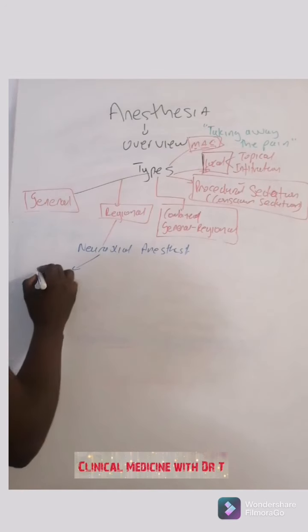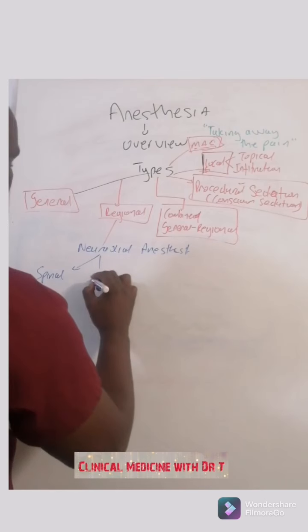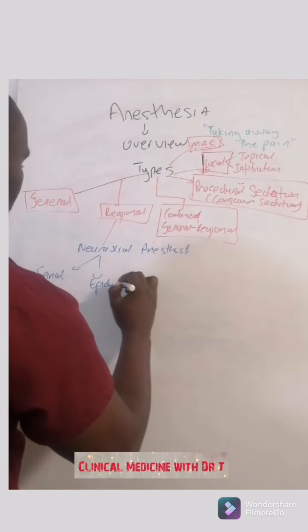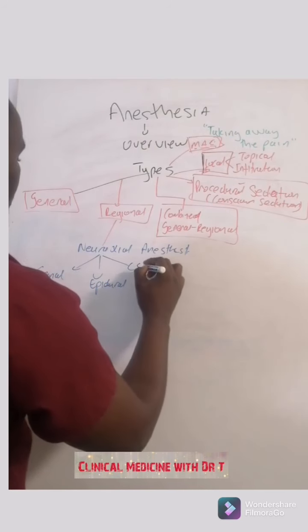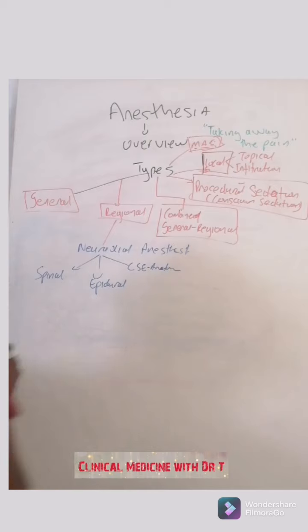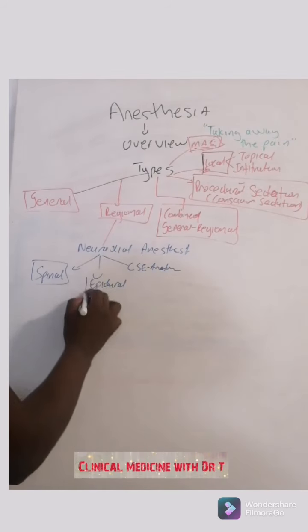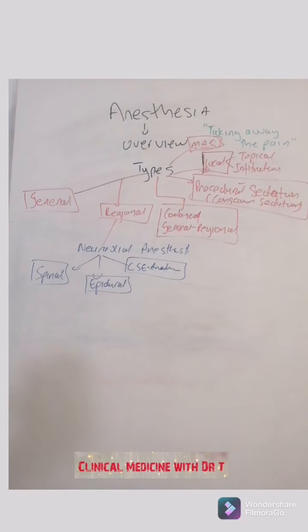Under regional anesthesia, we've got spinal anesthesia. We have epidural. We have a combination, combined spinal epidural anesthesia. So under regional, also called neuraxial anesthesia, we've got spinal, epidural, and combined spinal epidural anesthesia.